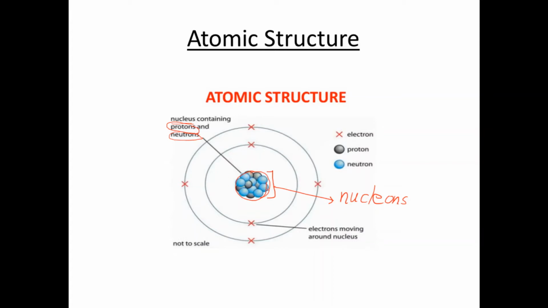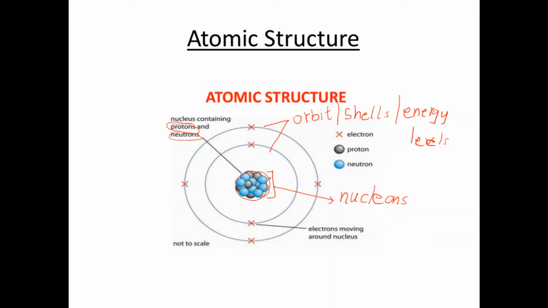And around the nucleus, there are specific orbits or shells or energy levels in which the electron revolves. The path around the nucleus in which the electron revolves is called a shell, orbit, or you can even term it an energy level. In these shells, in these orbits, the electrons revolve.